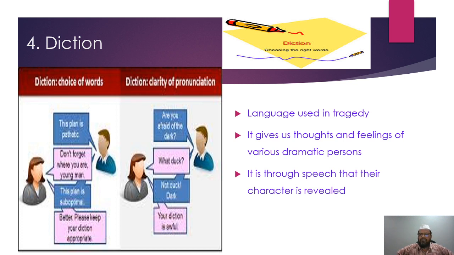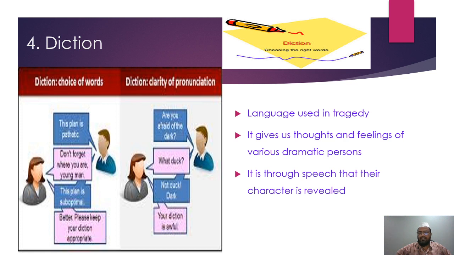It is the choice of the creative artist that he makes a choice of the words very consciously. It gives us thought and feeling of various dramatic persons. So the diction used in the tragedy gives a sense to the audience to understand the thoughts and feelings of the characters.